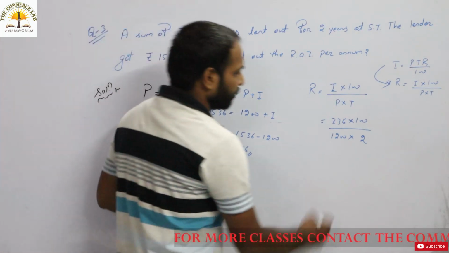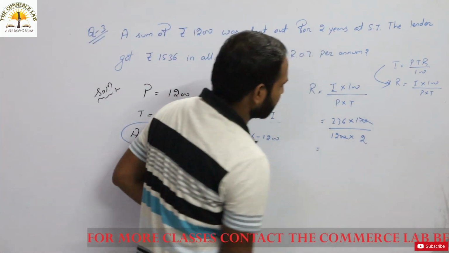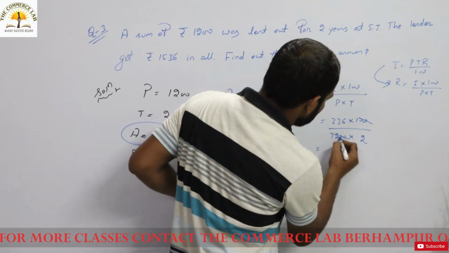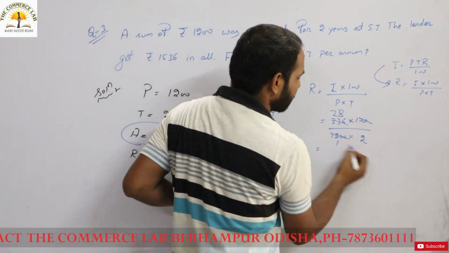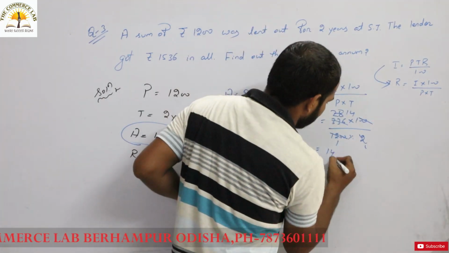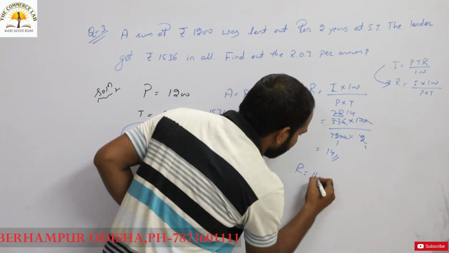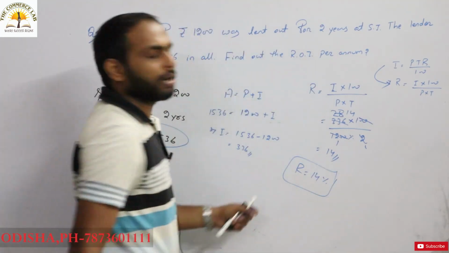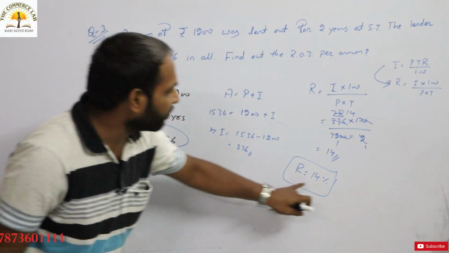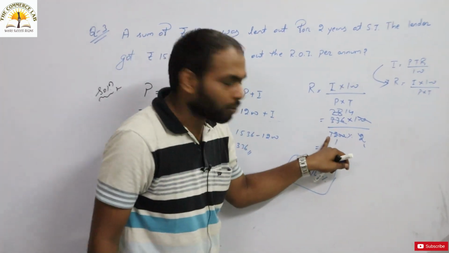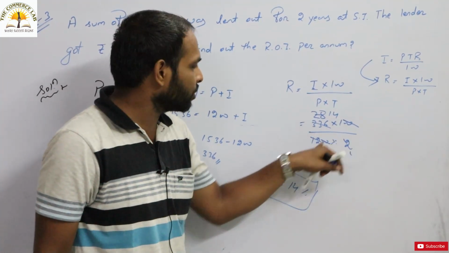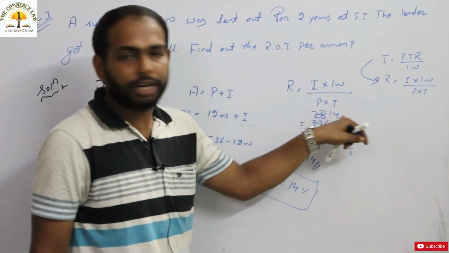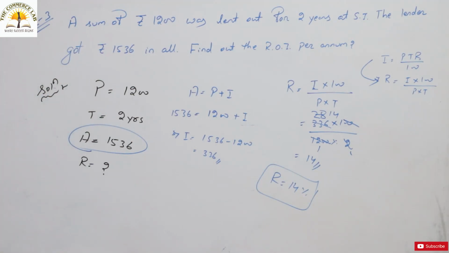Zeros cancelled. So 12 times 2 is 24, and 336 divided by 24 is 14. So R equal to 14% rate of interest per annum. Okay, then come for the next question.